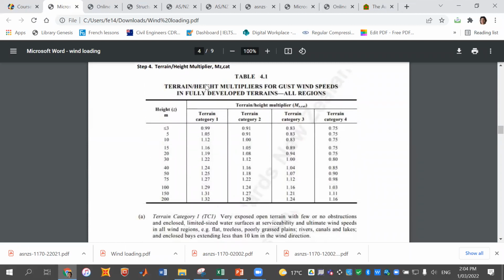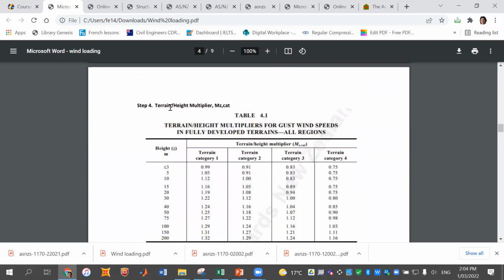Step 4 is to find the terrain or height multiplier, which is MZ,cat. As you can see, this table is for the terrain or height multiplier for gust wind speeds in fully developed terrain, all regions.